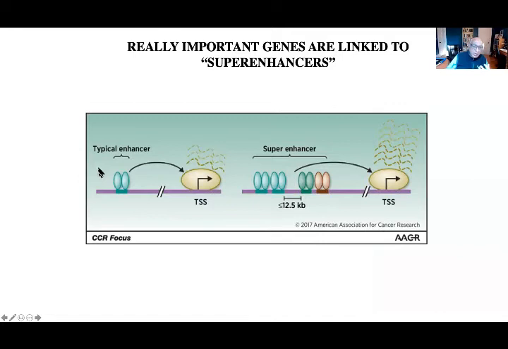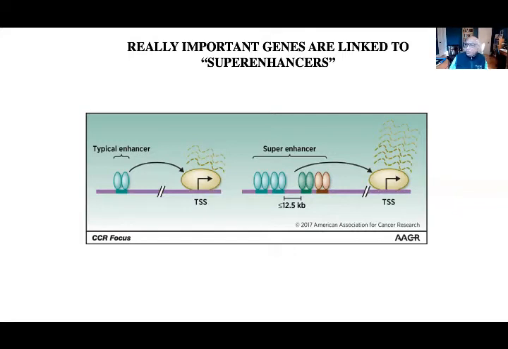A typical enhancer will have a few sites. A super enhancer will have many sites. It'll be a larger piece of open regulatory region of a gene when it's expressed. This is the transcription start site shown over here. So if you can identify which genes have super enhancers, that already gives you a clue which genes drive the fate and the biology of that cell.